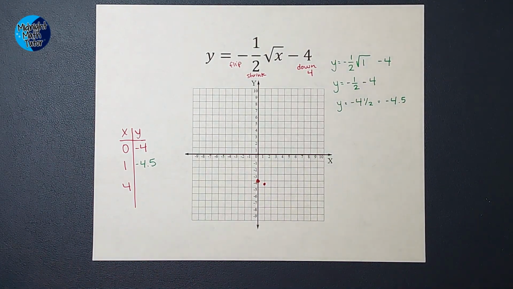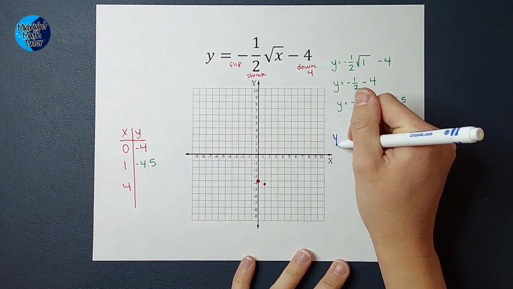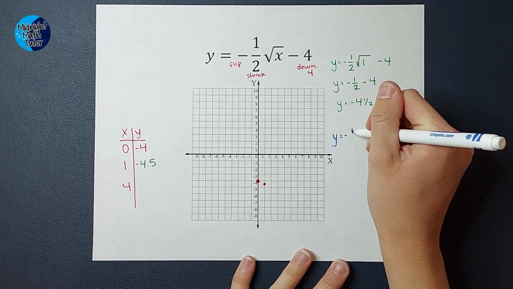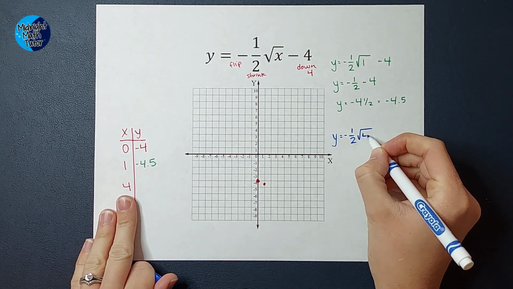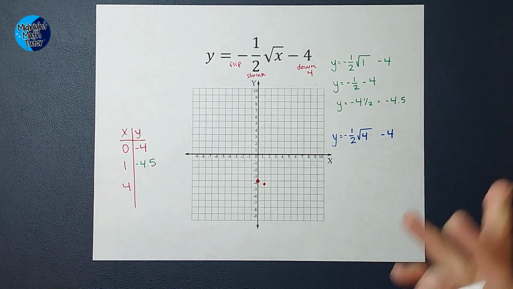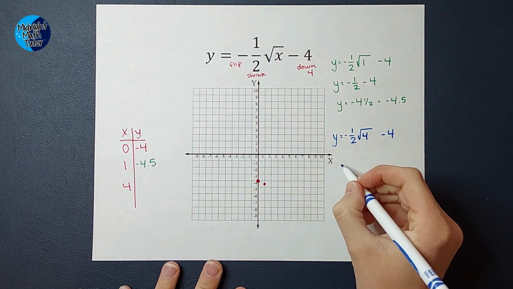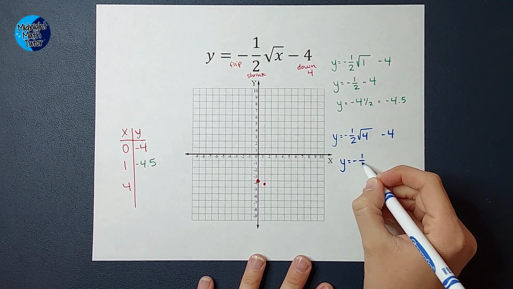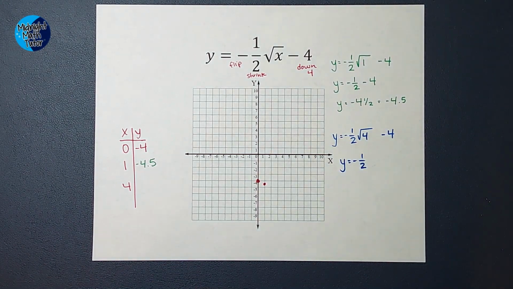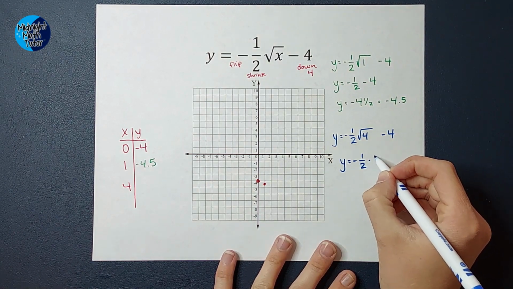Okay, let's plug in 4. So I have y equals negative 1/2 times the square root of 4 minus 4. Okay, so I'm going to have y equals negative 1/2 times the square root of 4, which is 2, right?